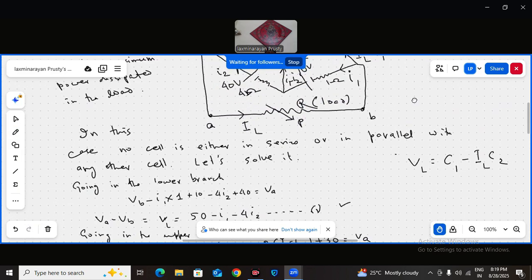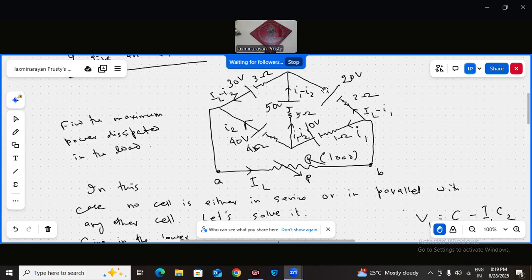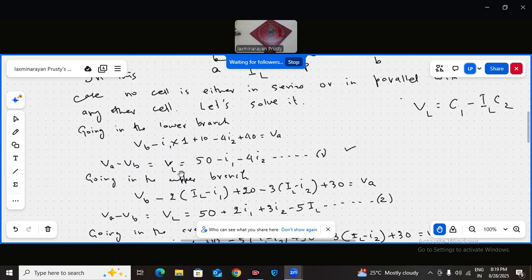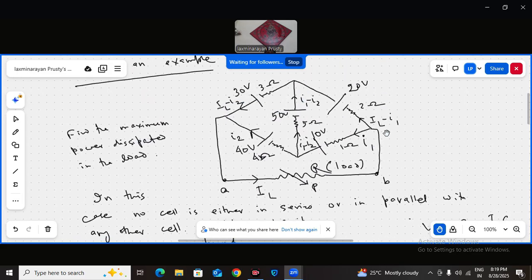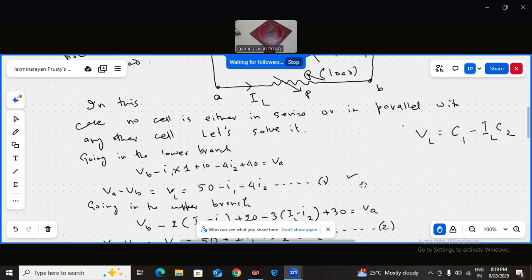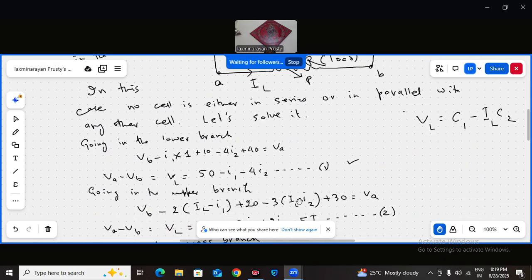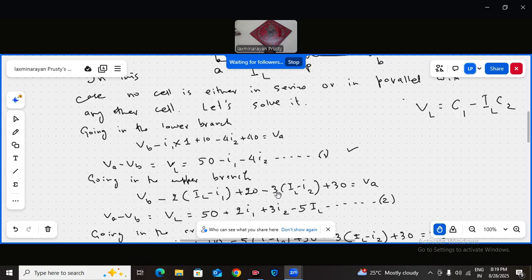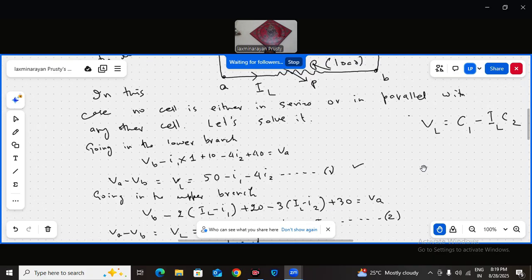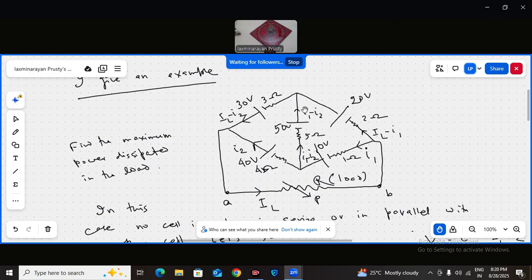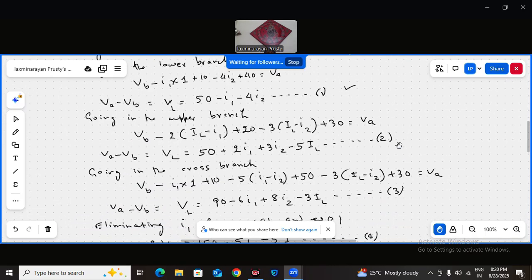Now let's go from B up through the upper branch to A. VB minus 2 into (IL minus I1), then the battery EMF is 20, so plus 20, then the next battery is plus 30, but the potential drop in the internal resistance is minus 3 into (IL minus I2), plus 30, where I reach VA. Done.